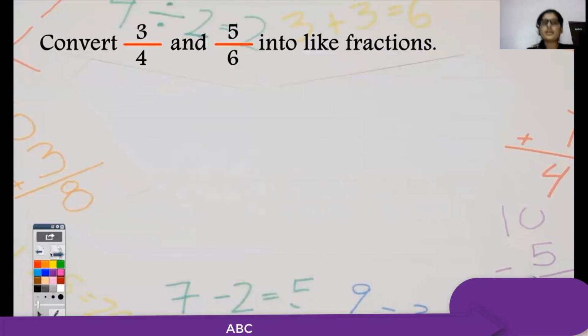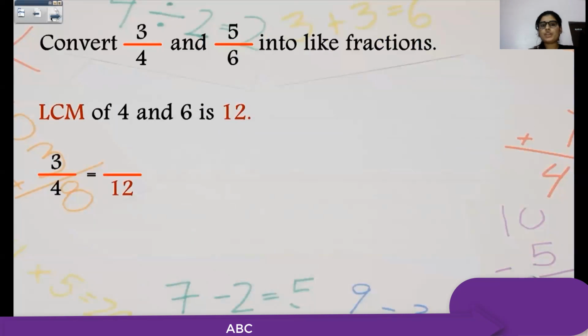Now let's see the other example. Here 3 by 4 and 5 by 6. The denominators are not the same. First take the LCM of 4 and 6, which is 12. Now I have to make 4 as 12. How can I make 4 as 12? When I multiply 4 with 3. So that means I have to multiply 3 with 3 as well.